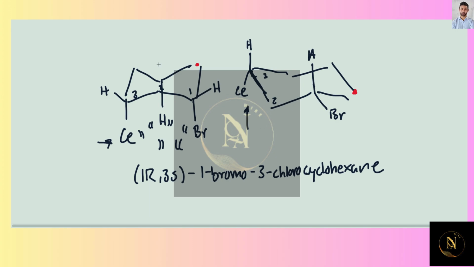So in the first conformer, all of our bulky substituents, chlorine and bromine, are axial, which is not energetically favorable. And in the second conformer, all of our bulky substituents are equatorial, which is favorable. So the lowest energy or the most stable conformer is the one where both of our bulky substituents are equatorial. So that would be the ring-flipped conformer.